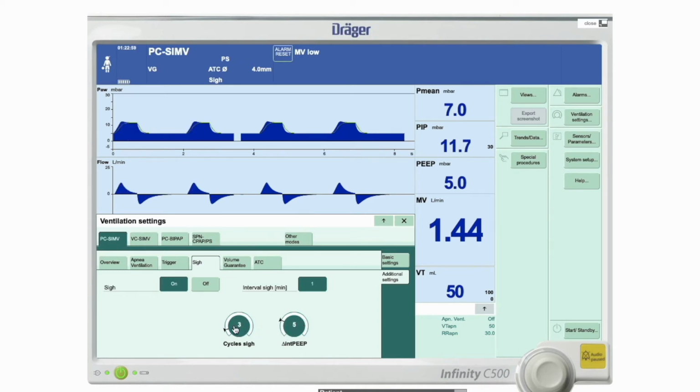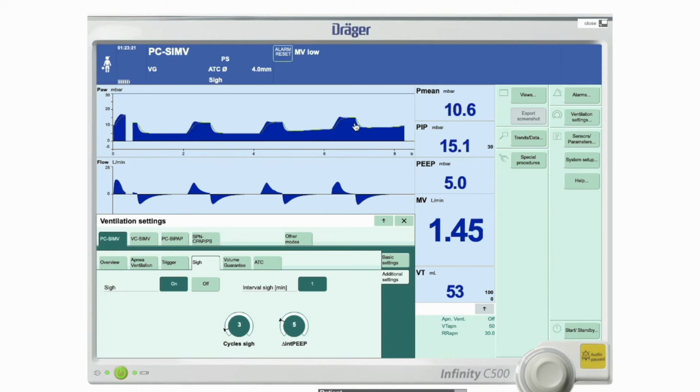Most of the time people use 3 breaths at a time, and that kind of seems to work for them. So we're just waiting for the PEEP to double here, and you'll see it will go up for 3 breaths. Okay, here we go now.